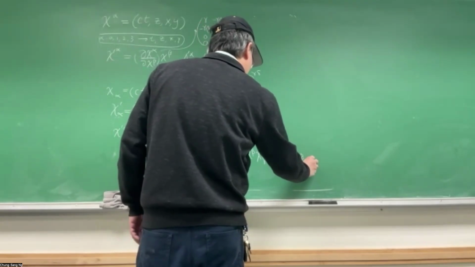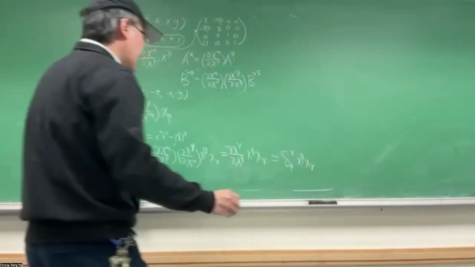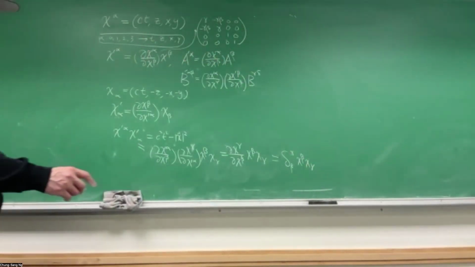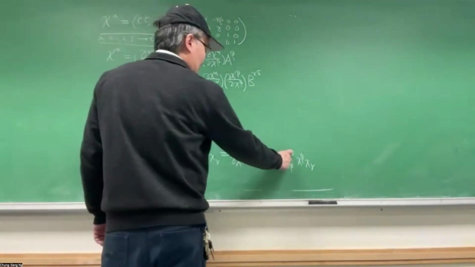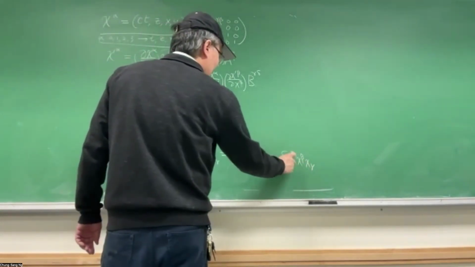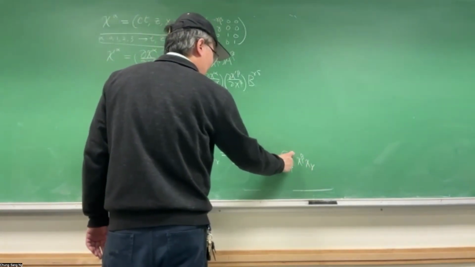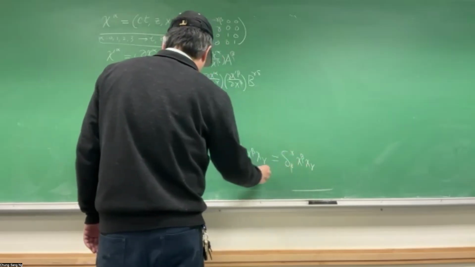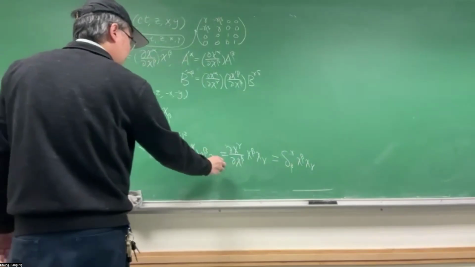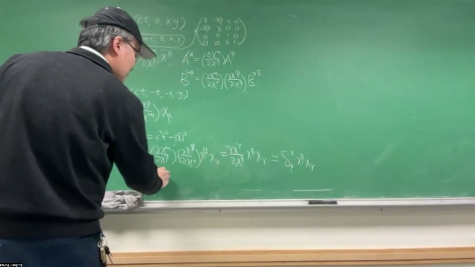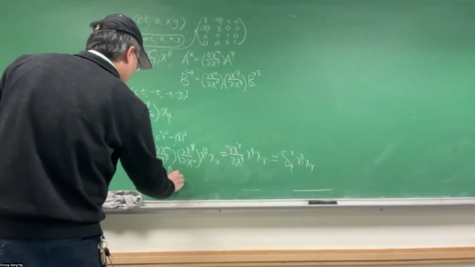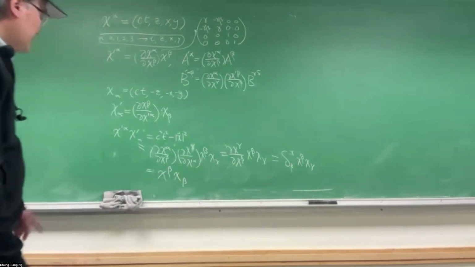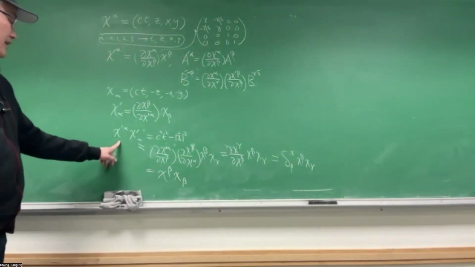Finally, if you now sum over gamma, what we call contraction over gamma, then the gamma becomes beta. So this is finally just x beta, x beta. So the two are the same.